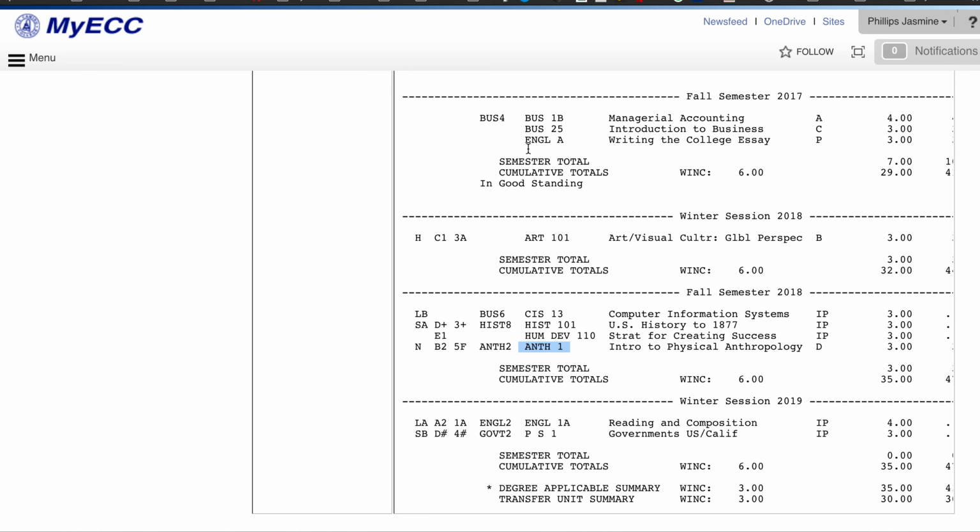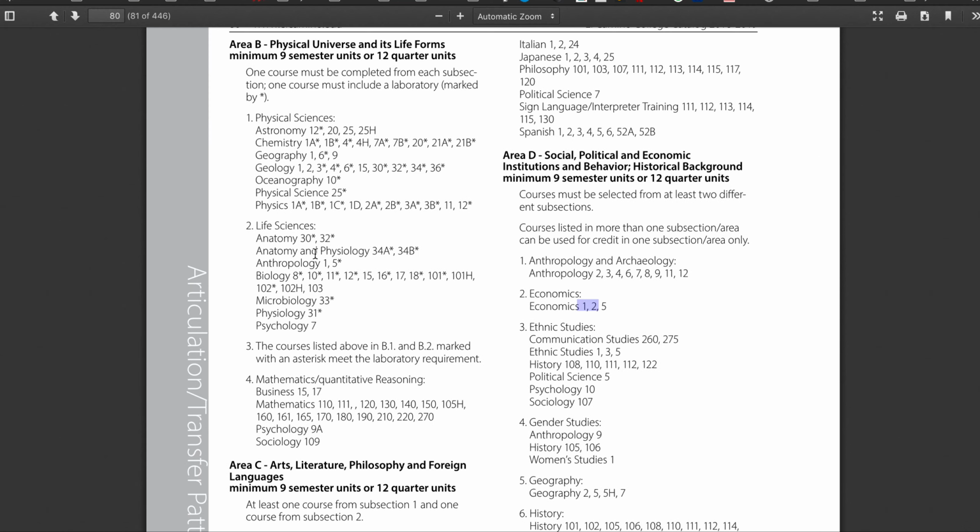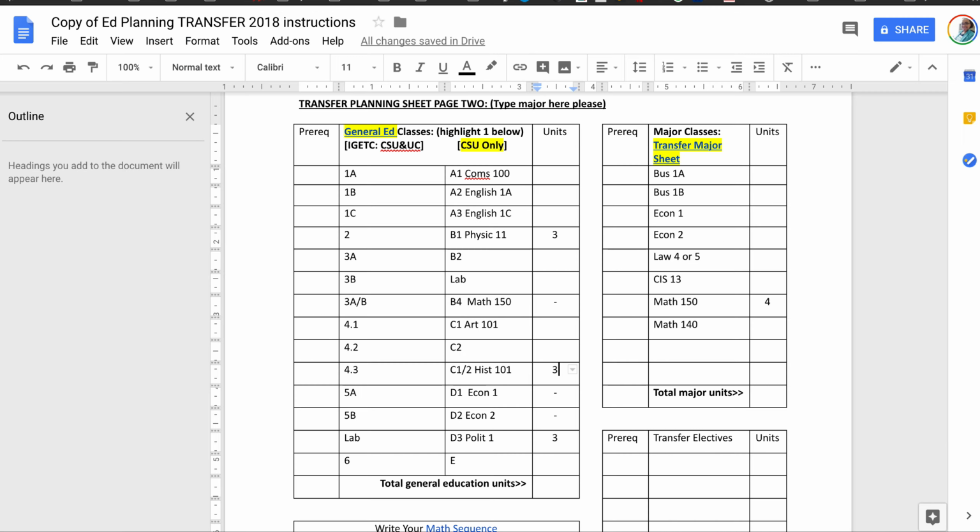Oh, I see, you had the anthro 1 for your physical anthropology. So if you plan to retake that, then that could be your life science, but you need the laboratory as well. So that could be Anthro 1 for 3 units, and then Anthro 5 is going to be your lab for 1 unit.